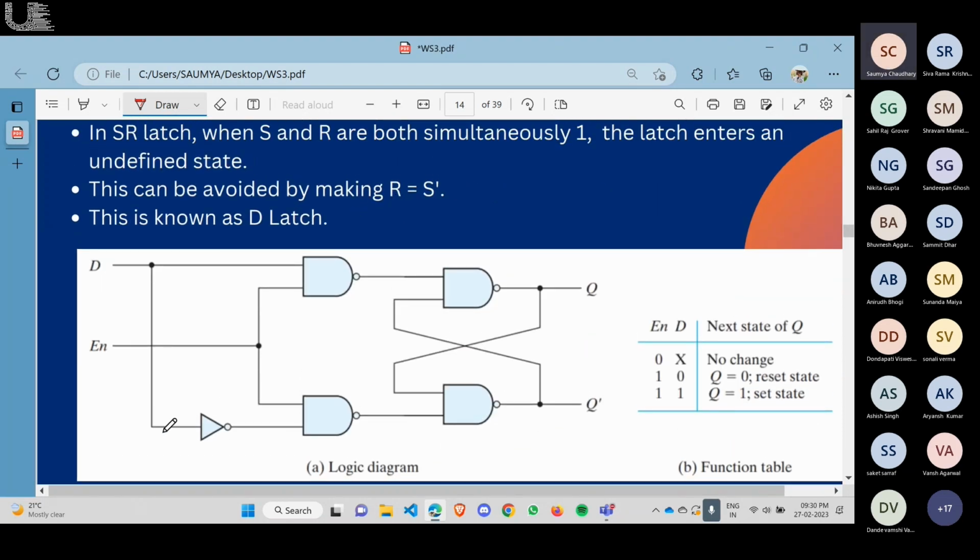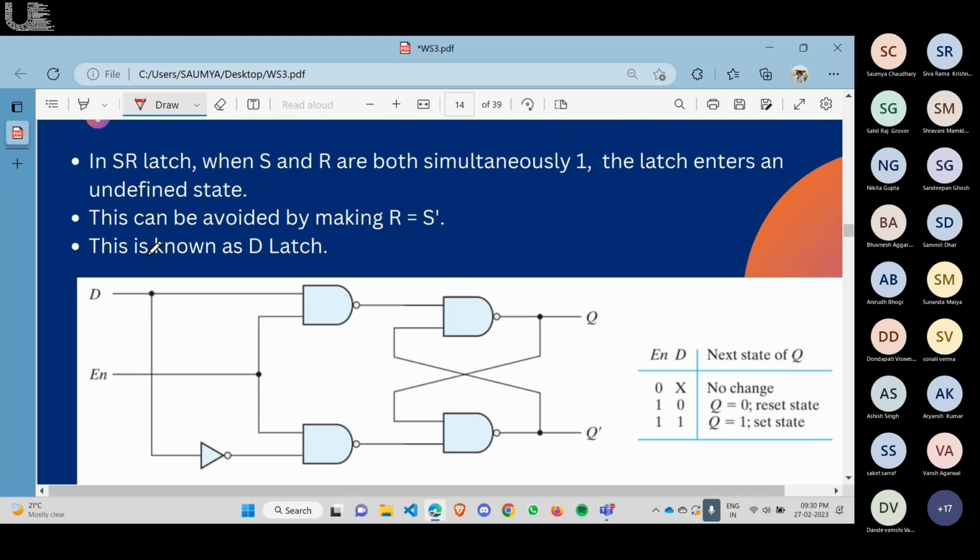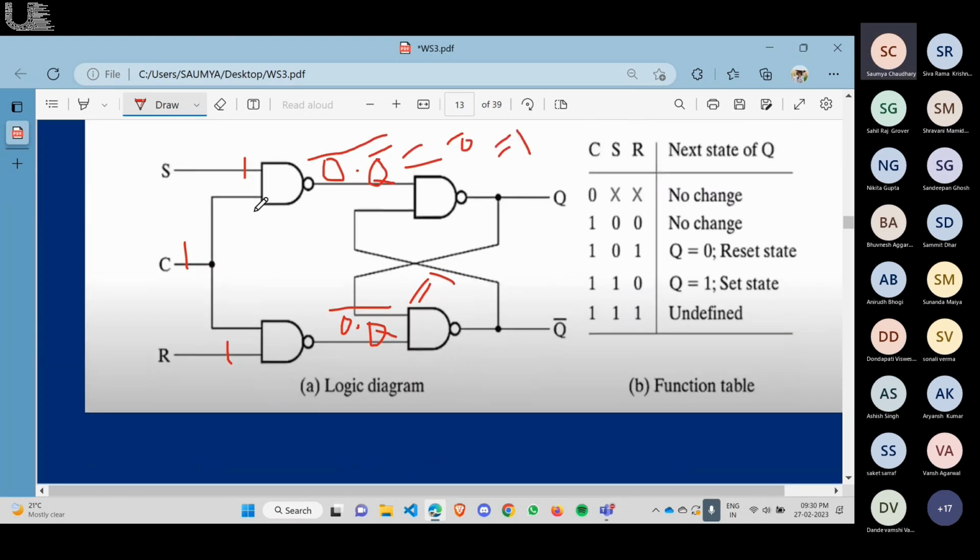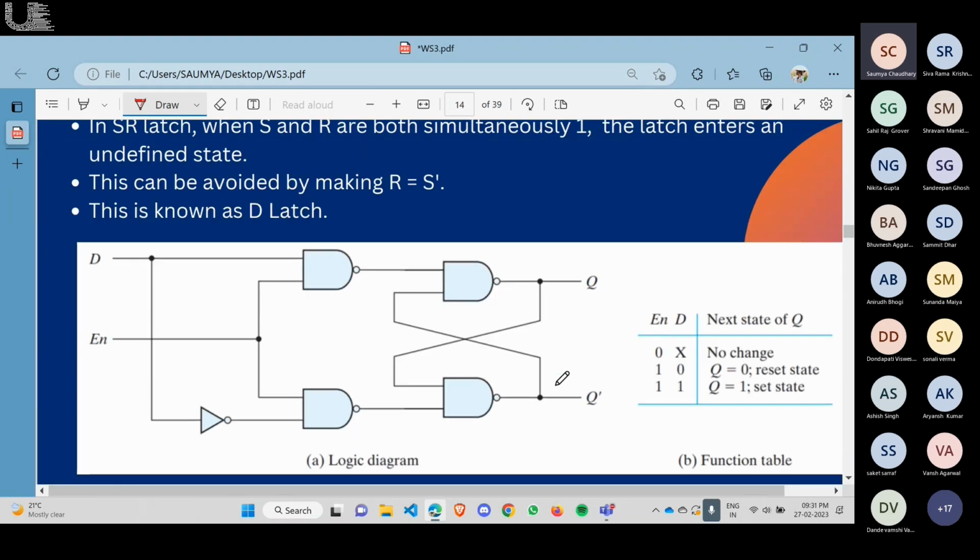We only give one input, and the other input is the complement of this. In the SR latch, if we got 1 and 1, we got an undefined output. But here we do not give the input as 1 and 1, so we can avoid the undefined condition.